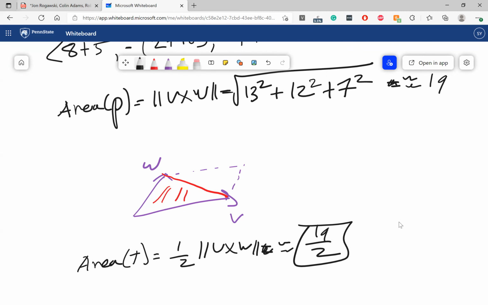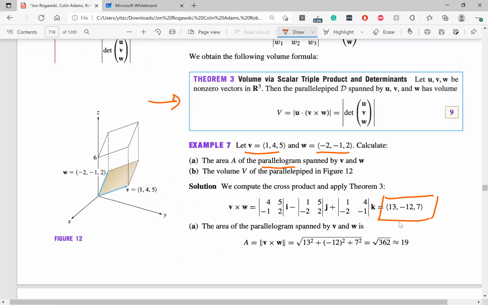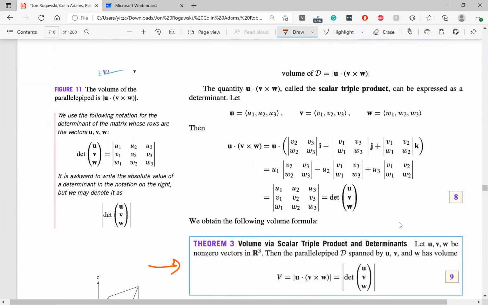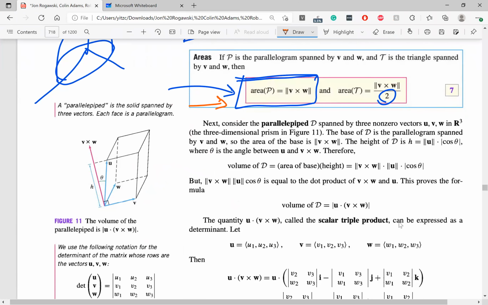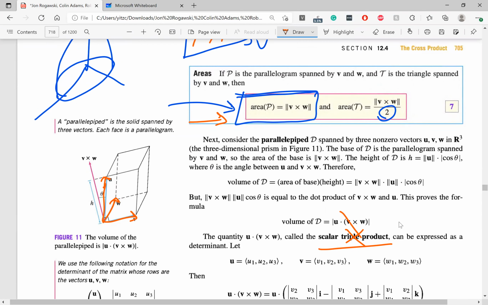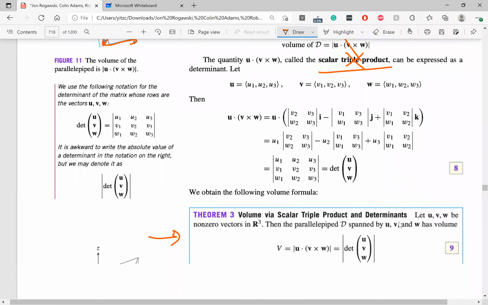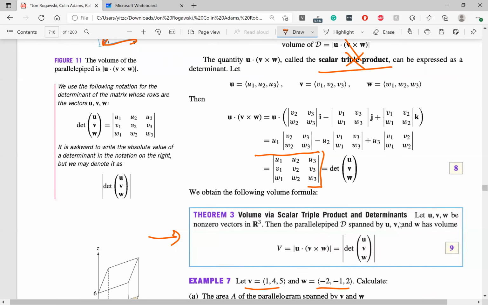Okay, another thing that they want you to be able to do is find the area of a parallelepiped. So a parallelepiped is created by 3 vectors, V, W, and U. And they use this notion, they call it a scalar triple product, but you actually don't have to know this at all. What you should instead remember is what a determinant is for a normal matrix.